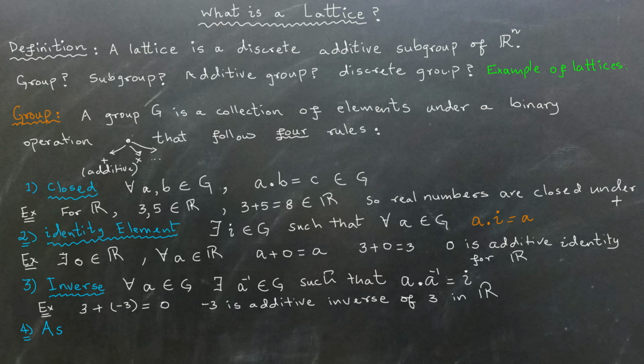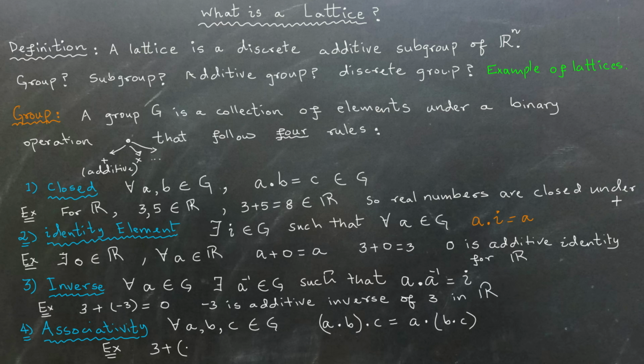Finally, the group must be associative. This means for any elements A, B and C in the group, the result of applying the operation to A and B first and then to C must be the same as applying the operation to B and C first and then to A. For real numbers, 3 plus (5 plus 7) is the same as (3 plus 5) plus 7.